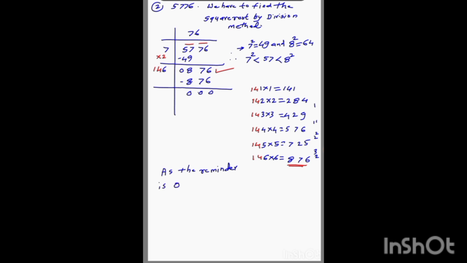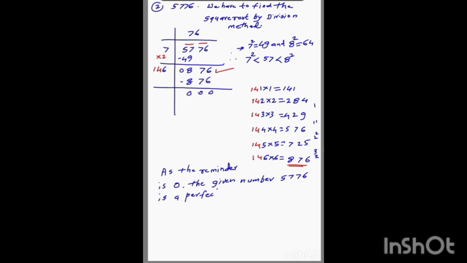Sometimes you arrive at examples where the remainder is not 0; we will cover that in some other video. Presently it is 0 and we are trying to find the square root only. As the remainder is 0, the given number 5776 is a perfect square. Perfect square of what? 76.